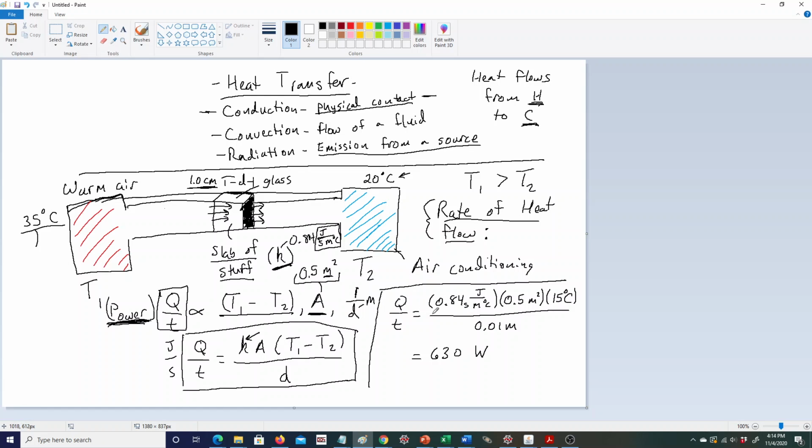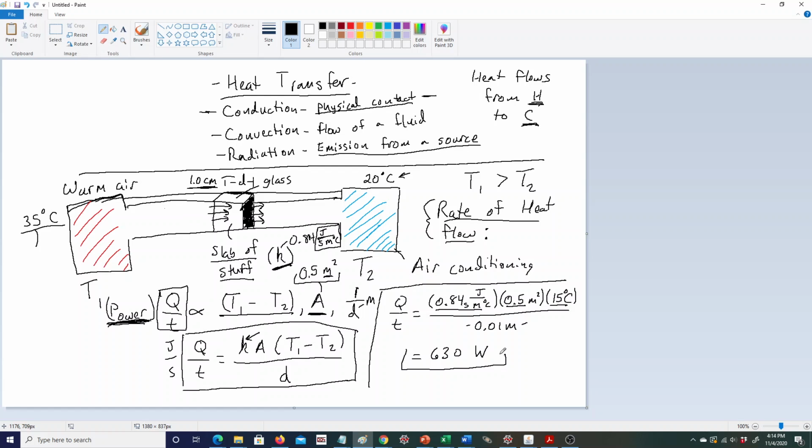I plug these values into my equation, K times A times delta T divided by the thickness, and I get 630 watts. So there are 630 watts of thermal power moving through this glass.